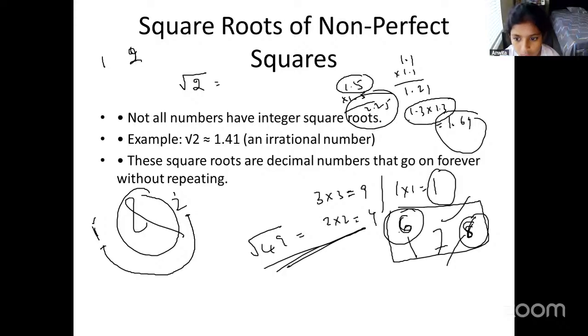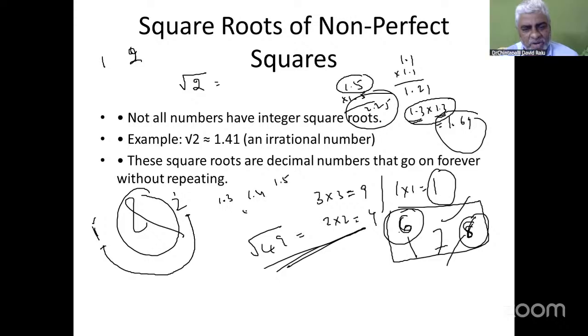So let us choose a number between 1.3 and 1.5. Of course, it is not an integer. What number exists between 1.3 and 1.5? 1.4. 1.4 times 1.4 gives 1.96.